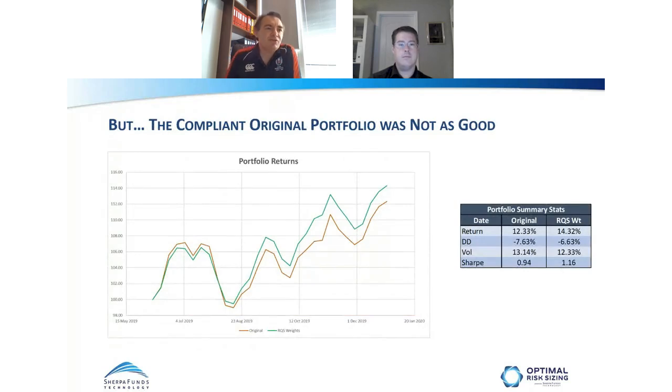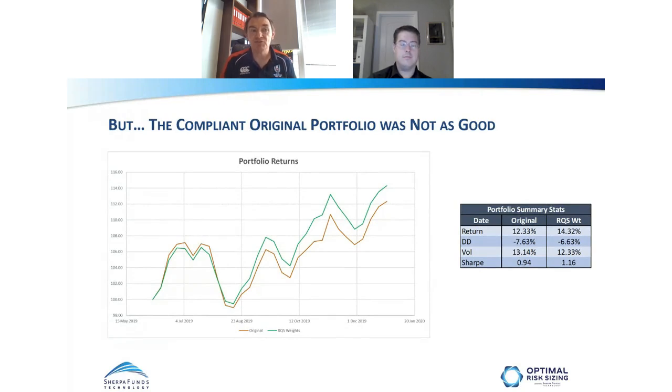When we look at the return stream of the two, though, it's quite interesting. The risk quality score portfolio is better in risk and return terms than the actual portfolio. And you kind of expect that, right? Because it weighs assets that have a higher expectation of value, so more of your information in it is higher, and it reduces the weight in assets which are much more risky.